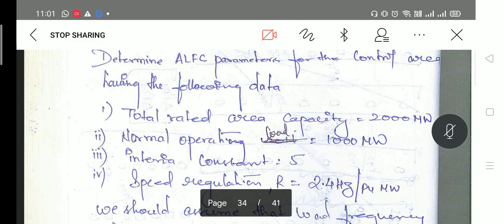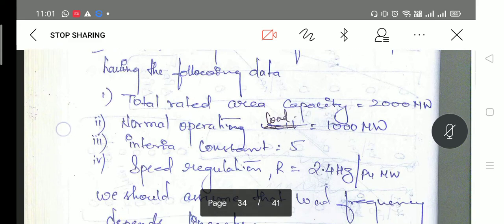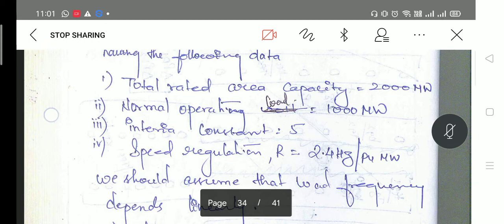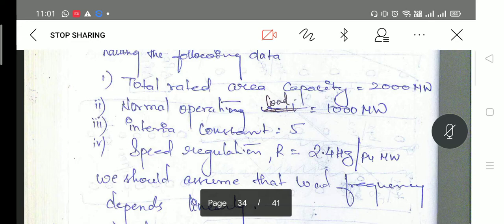Determine the ALFC, automatic load frequency control parameters, for the control area having the following data. Total rated area capacity is 2000 megawatts, and second one is normal operating load is 1000 megawatts.